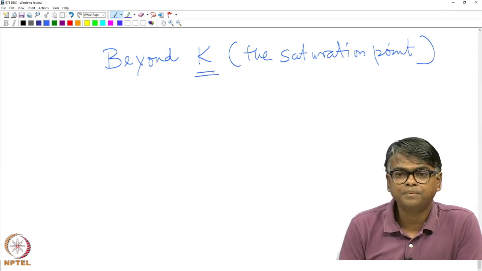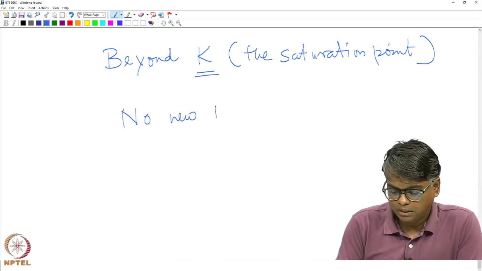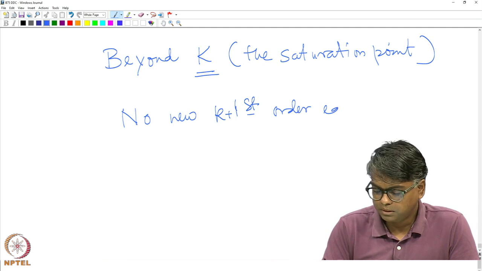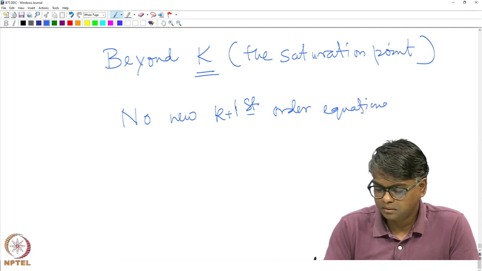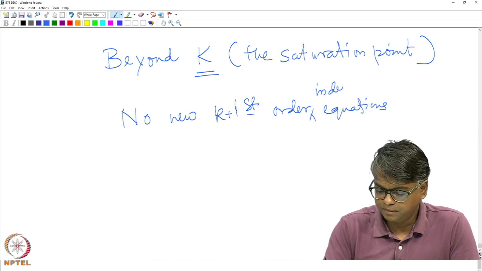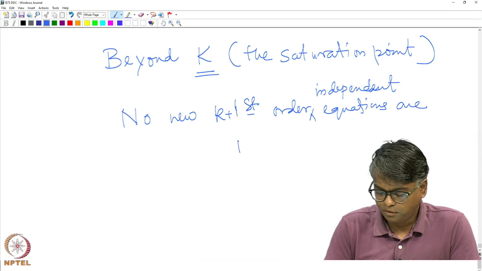beyond K, no new k plus first order independent equations are found.